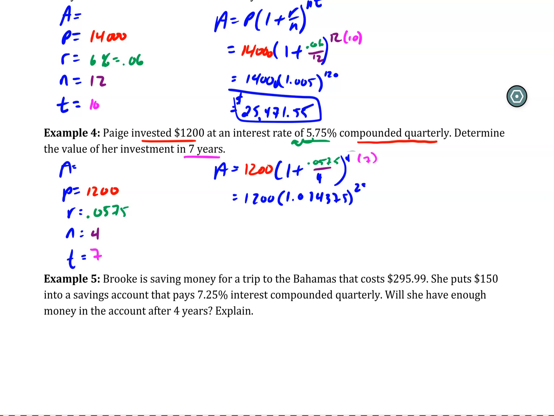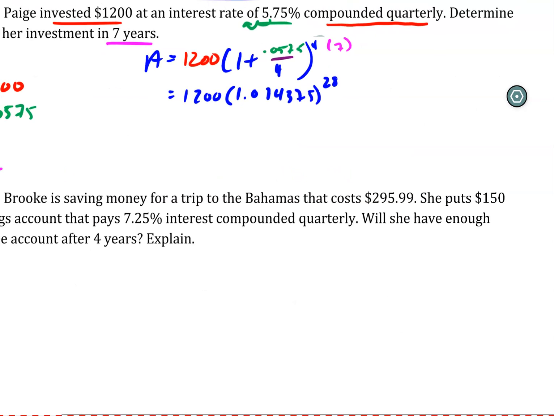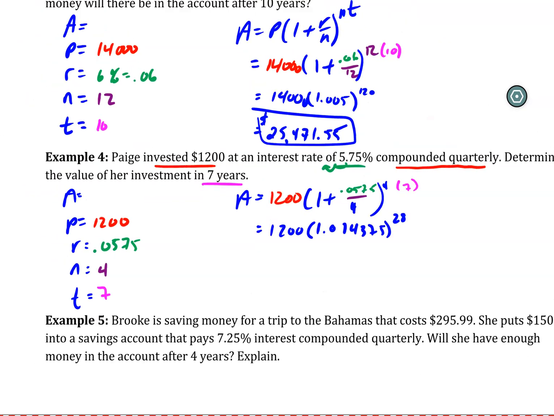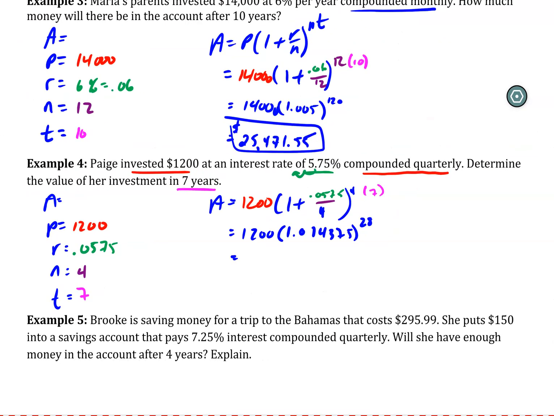And we're going to raise that to the 28th power. Then we're going to multiply by 1200. So I get $1,789.54 for that one. So that's it.